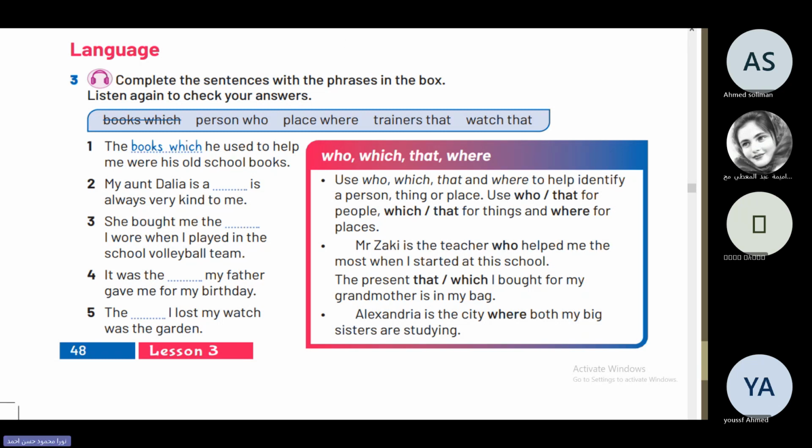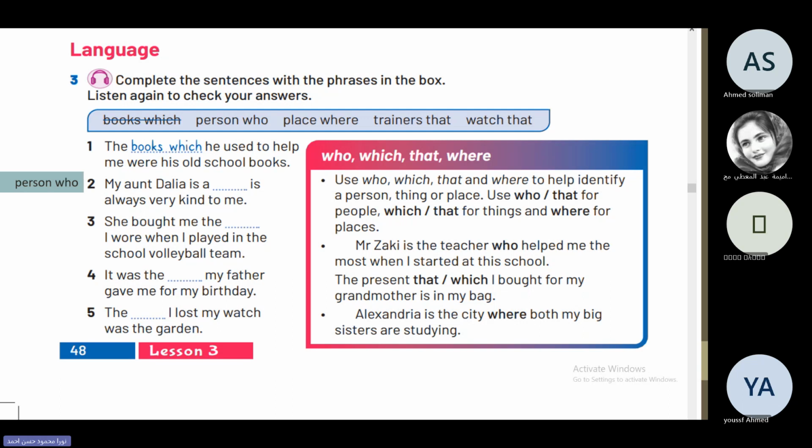Okay, let's answer this exercise together. Okay, books which, person who, place where, trainer that, and watch that. Let's read number 1. The books which he used to help me were his old school books. We used here which because books are things. Number 2, my Aunt Dahlia, this is a person, right? So we use who. My Aunt Dahlia is a person who is always very kind to me. What about number 3?